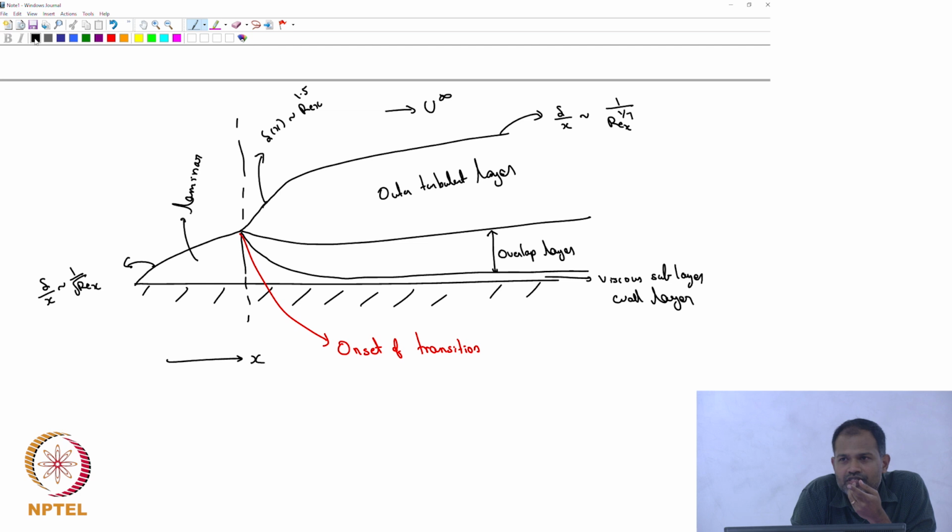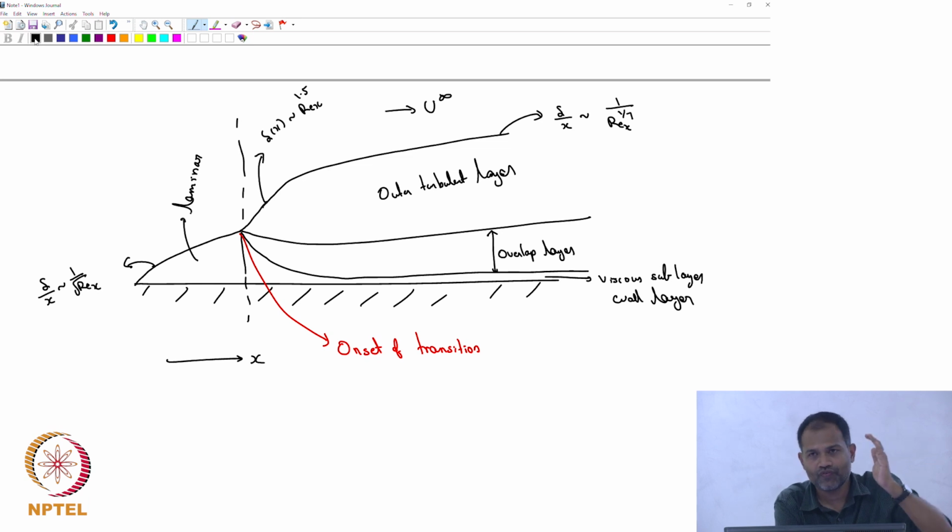You want to clarify something? Ask us. Rex power 1.5, yes. So in the laminar, it's going to be x to the power of half, or I have written it as delta by x is 1 by root of Rex. Immediately after the onset, it's going to be much faster.